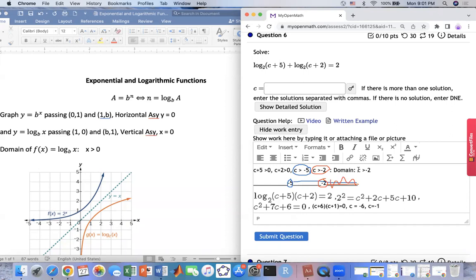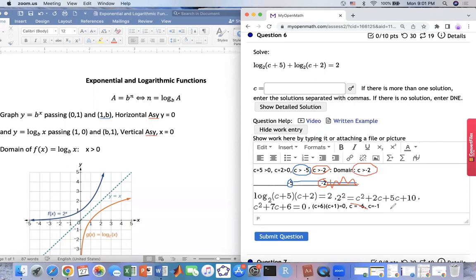However, look back at the domain. c must be greater than -2. So I cannot take this one, -6. I have to cross out this answer. It doesn't work because it has to be greater than -2.